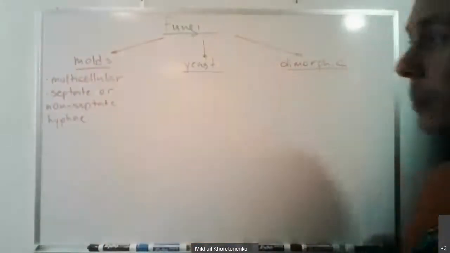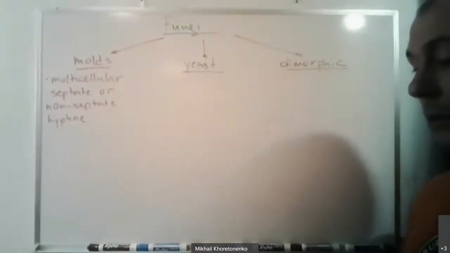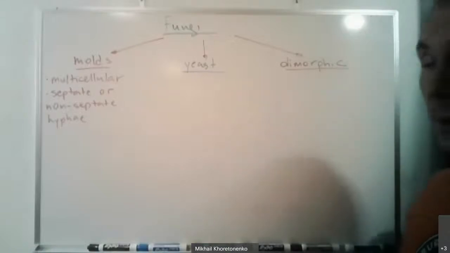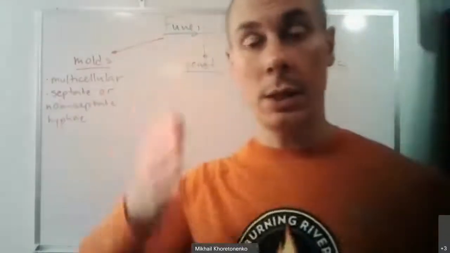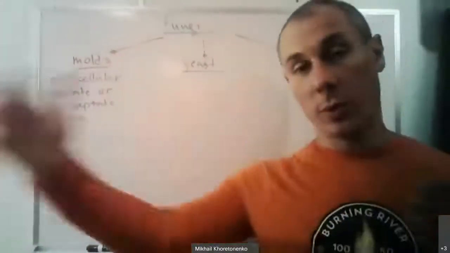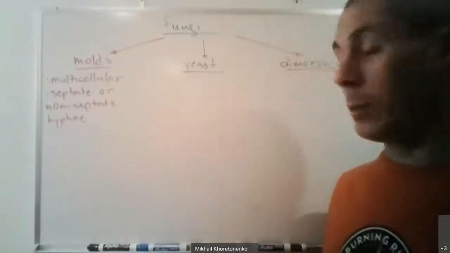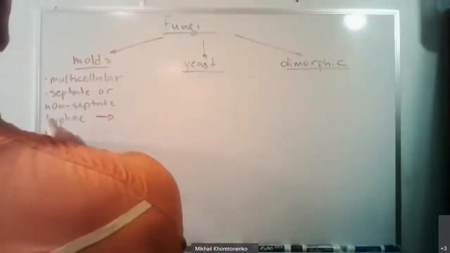So what are septate or non-septate hyphae? If individual fungal cells remain individual, we call them septate. There are cell walls between the cells. If cells fuse, we call such hyphae non-septate. Hyphae form mycelium.